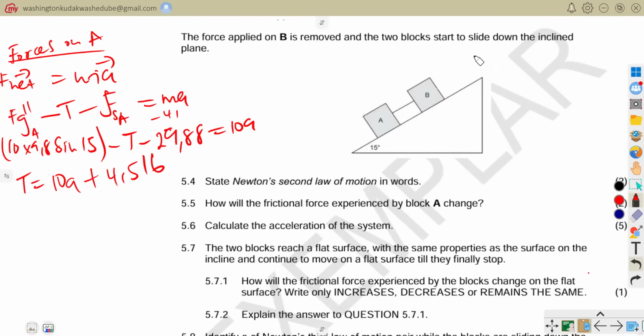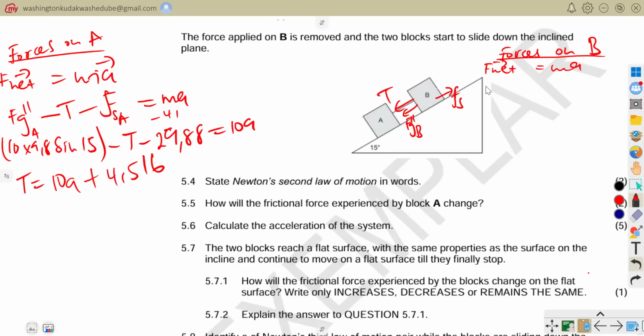And then if I now look at the forces that are acting on B, I would say forces acting on B, F net is equal to MA. So here I would have the frictional force going up, opposing my FG of B parallel, and also the tension in the string.